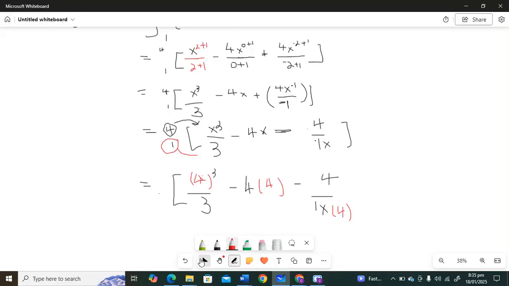Okay. Yes, so then minus. Now this same function, where there's x, we're going to substitute 1.